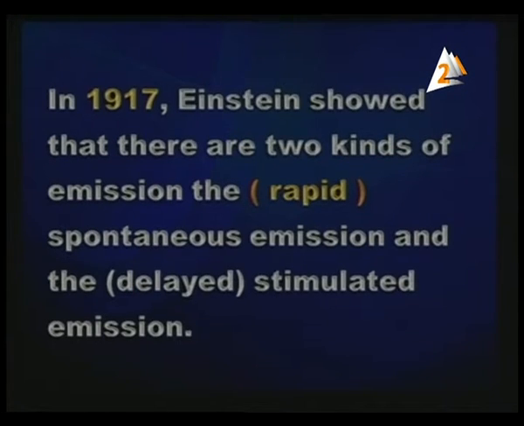In 1917, Einstein showed that there are two kinds of emission: spontaneous emission, which is the rapid one, and the stimulated emission, which is the delayed one. Spontaneous emission produces normal light. Stimulated emission produces laser. So we've got two types of emission, spontaneous and stimulated.